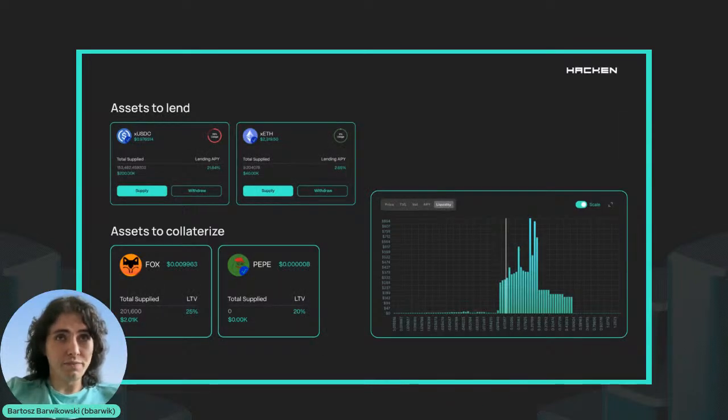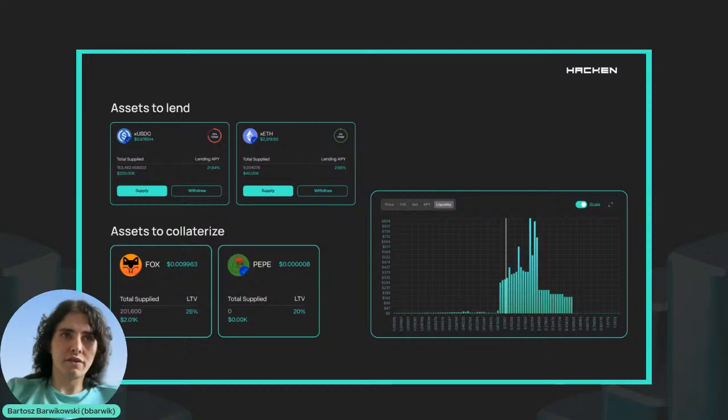And for example, let me give you an example with a lending protocol. Let's say you have this lending protocol which allows you to borrow USDC or Ethereum, and you can use any asset as collateral. So you put this, let's say, Pepe coin, which is worth like nothing.